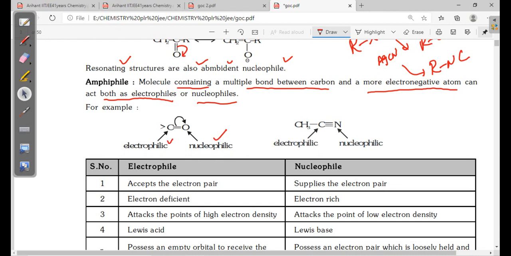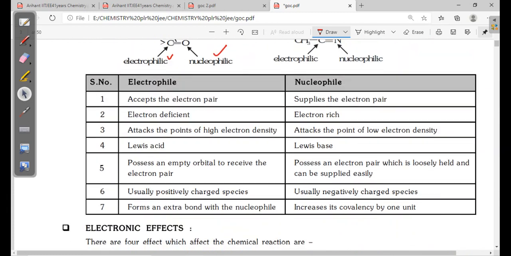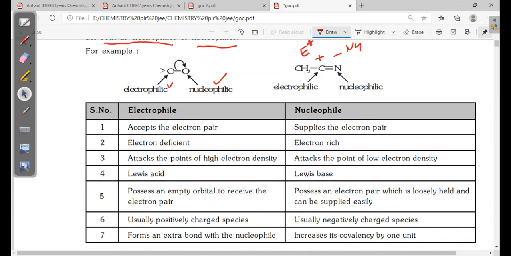C triple bond N, C plus N minus: this is the nucleophile, this is the electrophile. Electrophile is generally represented as E plus, nucleophile generally as Nu minus. Now the final conclusion: you can see the differences between electrophile and nucleophile here.